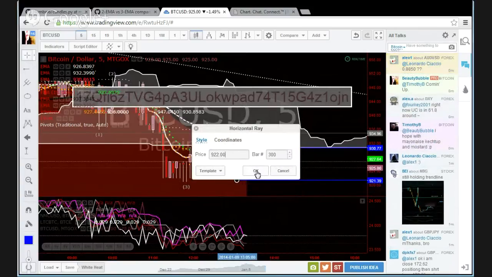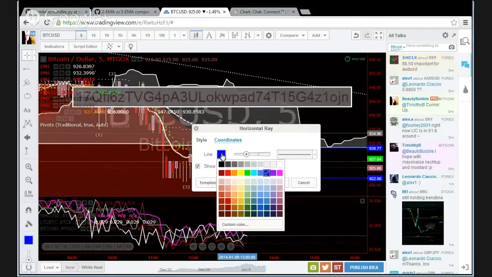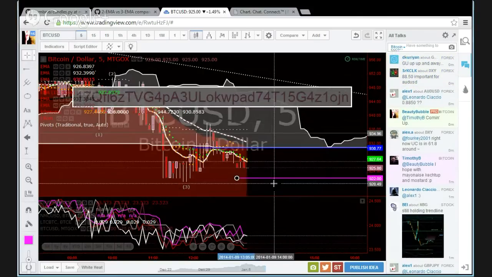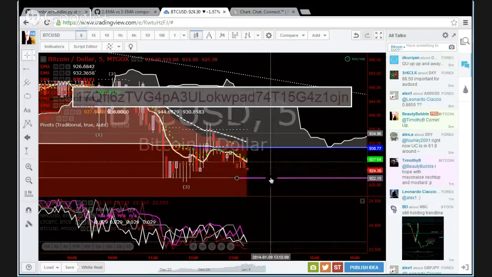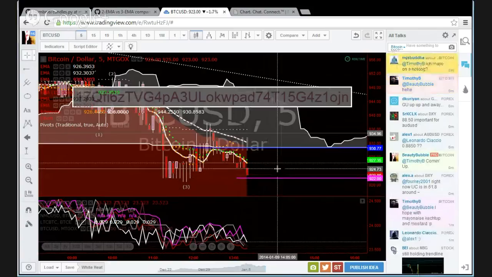Make the pivot color, make it the pink so we know that that's the pivot. So we know we're trading above the pivot. We know that below the pivot we have issues. And look at that. So the trade is about to go short at 922. 922 takes us to 876. 922 takes us to 876 on the Bitcoin USD on pivot, Mt. Gox.